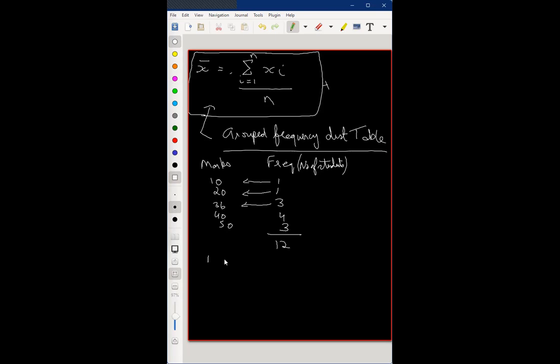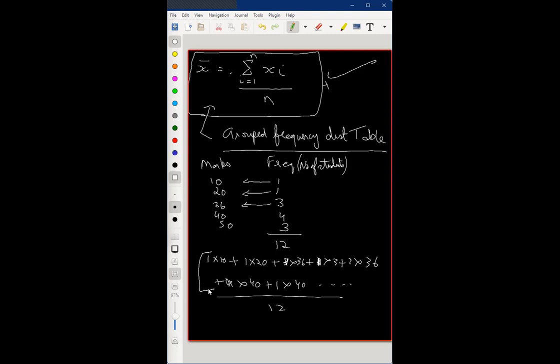So that means 1 into 10 plus 1 into 20 plus 3 into 36 plus 4 into 40, and so forth. I would have to do this and then divide by the number of observations, which is 12. Yes, but this is very tedious to do, and we can make a mistake.